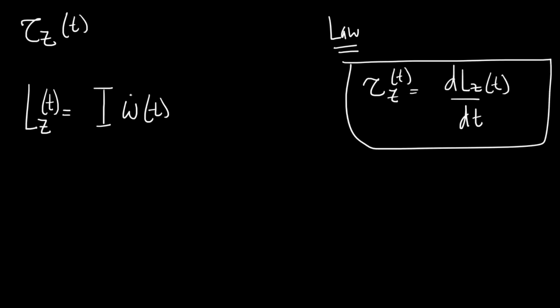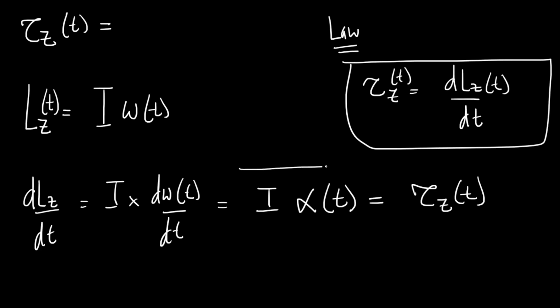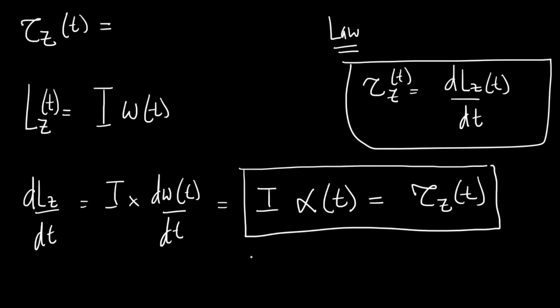I already know tau z, and dLz by dt is equal to I times d omega by dt, which is nothing but I alpha at that instant, and that is equal to tau, says the law. This is the law we are gunning for, and that's all that is required to solve the problem of pure rotation.